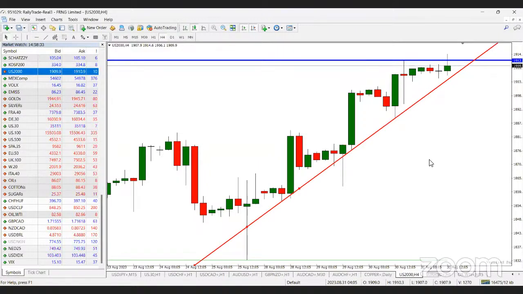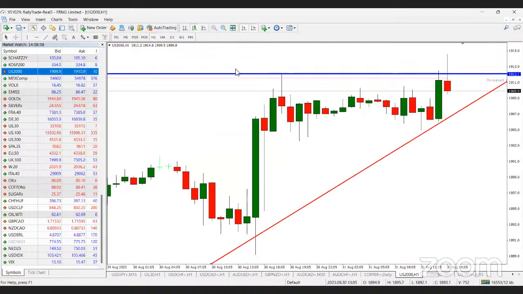At the time that I drew this trend line, it was to ascertain what the trend of the US 2000 market is. And you can see how price has been making a steady higher high. If you put it on 1 hour itself, you will see.